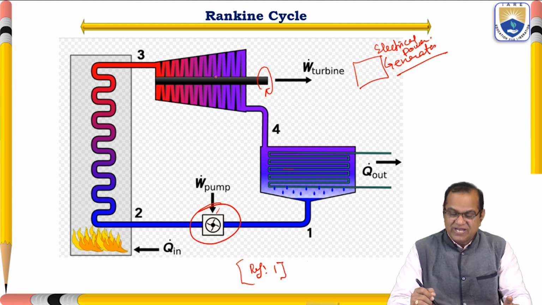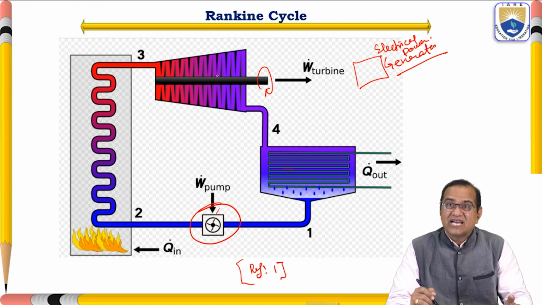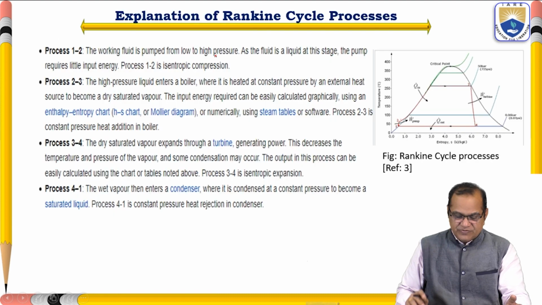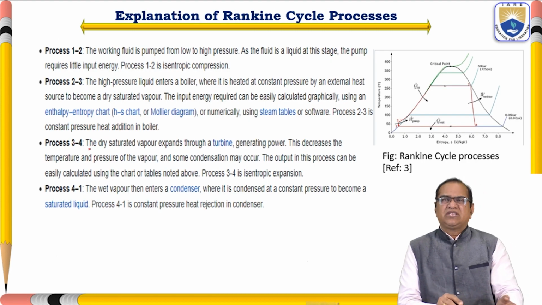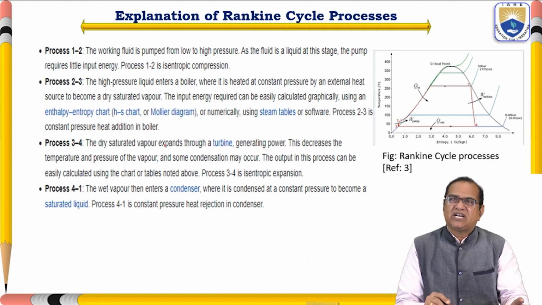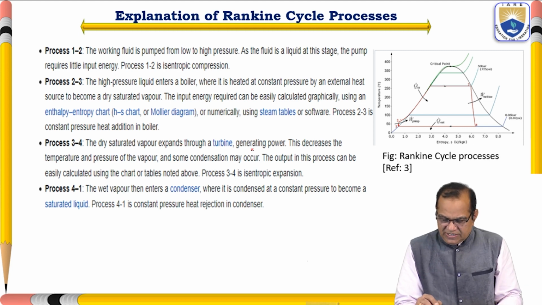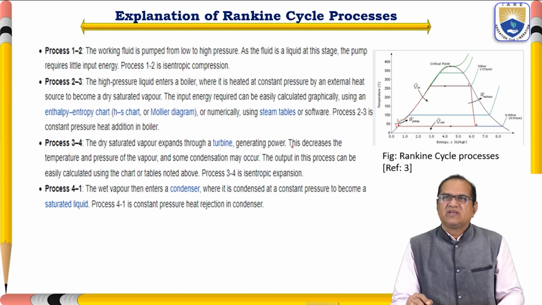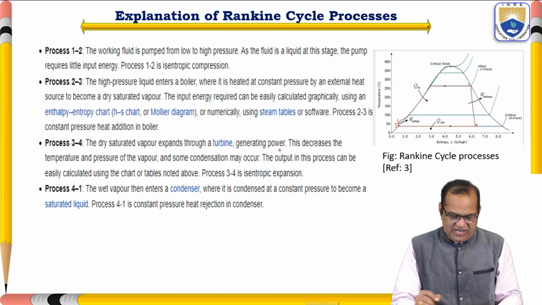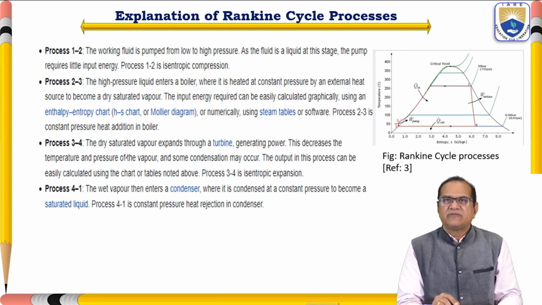From 3 to 4, adiabatic expansion takes place in the steam. In process 3-4, the dry saturated vapor expands through a turbine, generating power. This decreases the temperature and pressure of the vapor, and some condensation may occur.